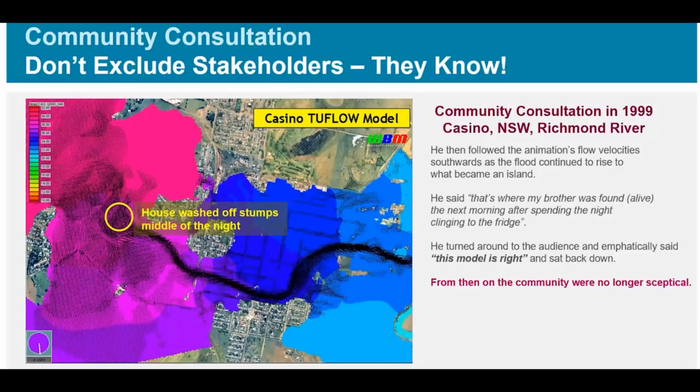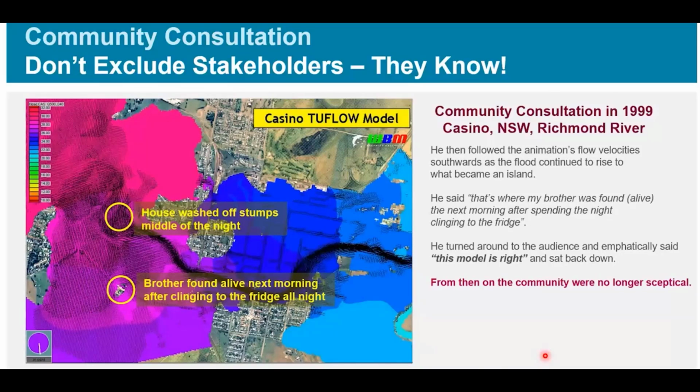And he said, that's where my brother was found alive the next morning after clinging to the fridge all night. The fridge floated, and his brother ended up attached to it. And he just turned around to the audience and said, this model is right. And he sat back down. And I'm just going, wow.